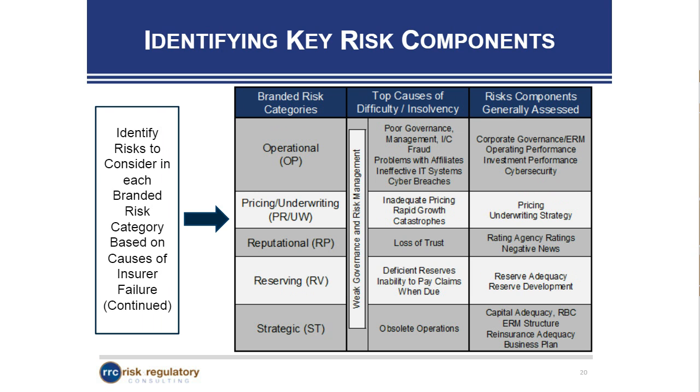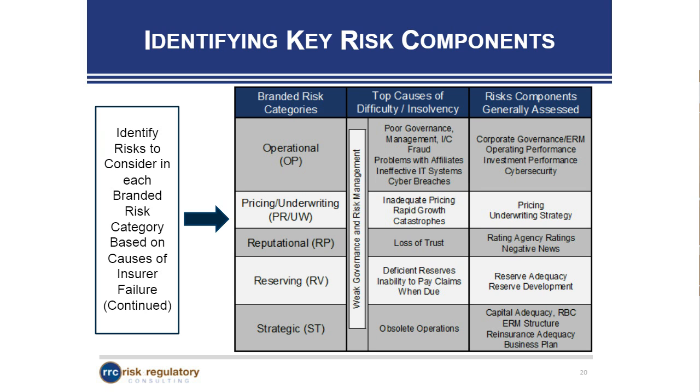You can see, for example, in pricing and underwriting, the root causes might be inadequate pricing, rapid growth, or growth in a jurisdiction or an area that you're just not capable of properly writing that business, or catastrophes, exposure to catastrophes, and whether or not that's priced into your products and your underwriting process. And so the risk components you would look at in that case would be typically pricing and underwriting.